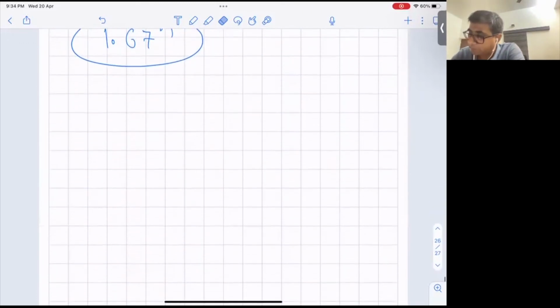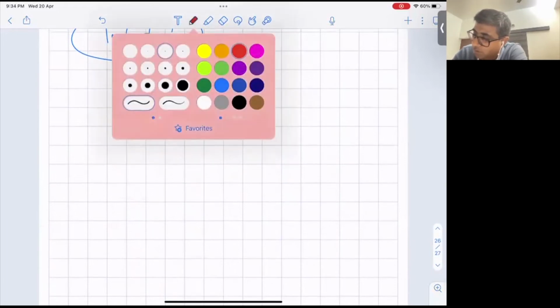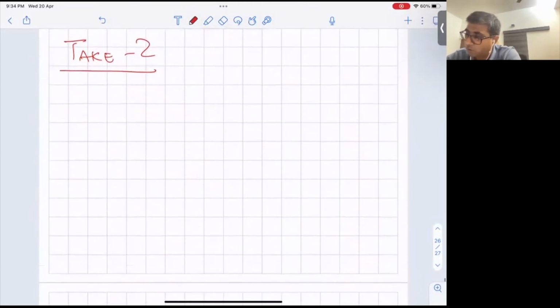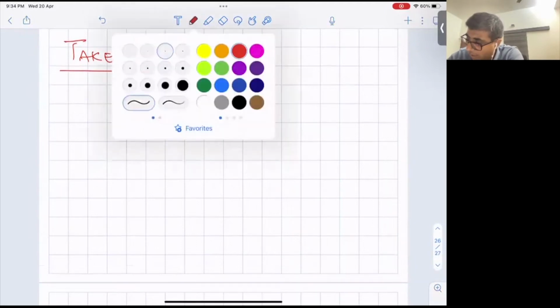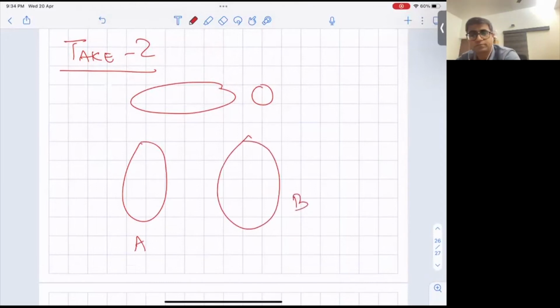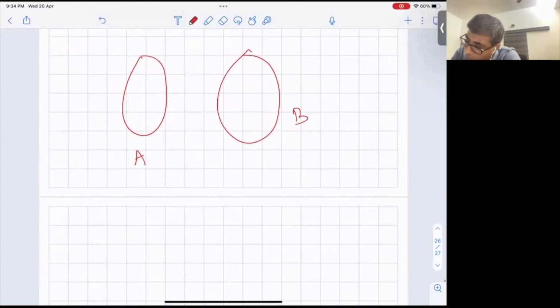So let's do it like a movie. Let's do take two. That was take one, and then take two. We still have this O, and we have A, and we have B. Now, what is A union B?